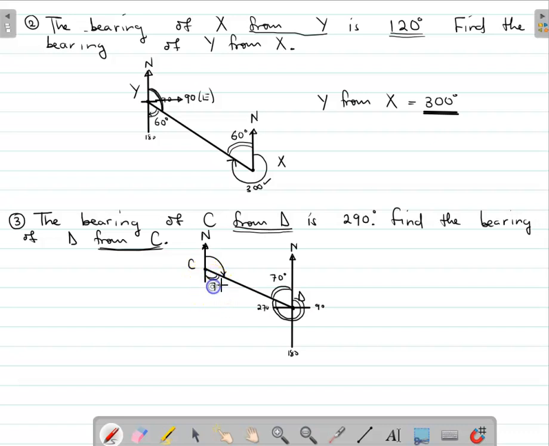So our bearing here will be 180, because all the way from here to here is 180. So our bearing will be 180 minus 70, which is 130. So the bearing of D from C equals 130 degrees. Okay, so that's the bearing for D from C.